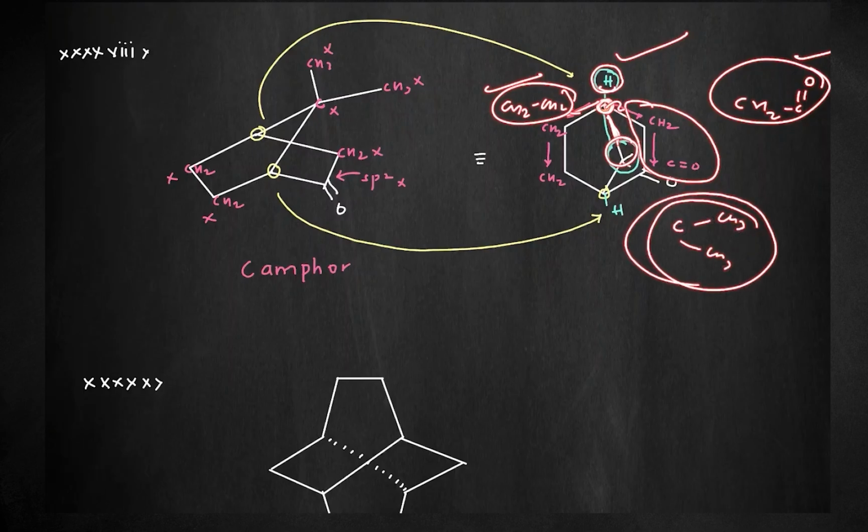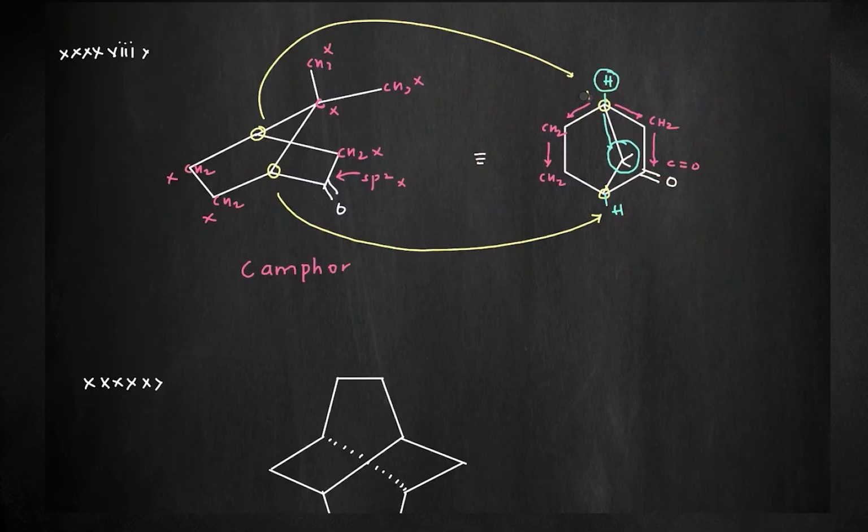So this carbon will definitely be a chiral center. In a similar manner, the bottom carbon is also a chiral center. Clear? I hope now it is very clear to you. So the number of chiral centers in camphor will be 2.